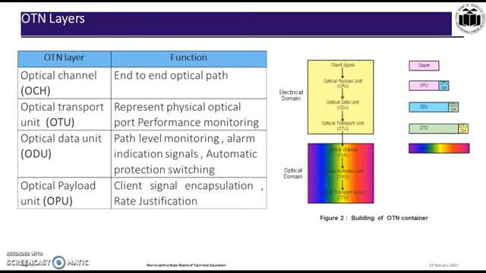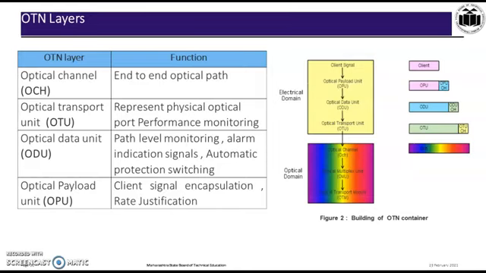OTN layers. As per the diagram, there are electrical domain and optical domain OTN layers. The first layer is the OCH, that is the optical channel, and the function of OCH is the end-to-end optical path. OTU, that is the optical transport unit, and the function is to represent the physical optical port and performance monitoring.